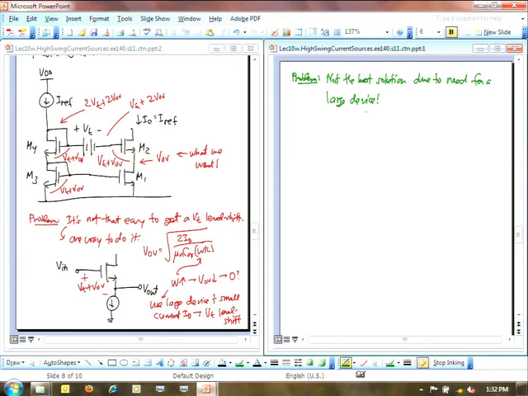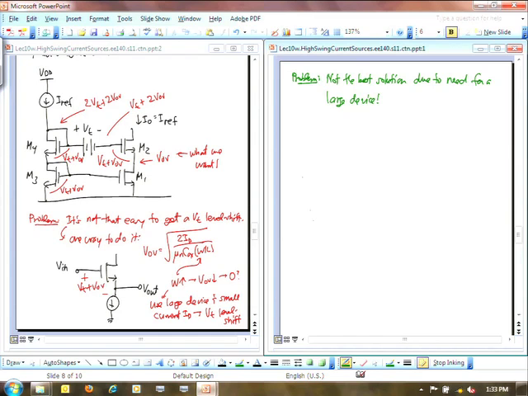Okay, so it's not easy to get just a VT level shift without having to use a big device. But it is easy to get a VT plus VOV. All right? And so we want to avoid this large device. In order to do that, let's still use this kind of topology here, but let's now just accept that across this device we're going to level shift VT plus VOV.